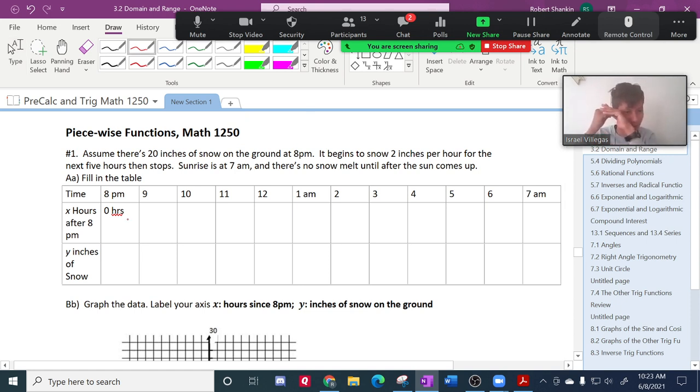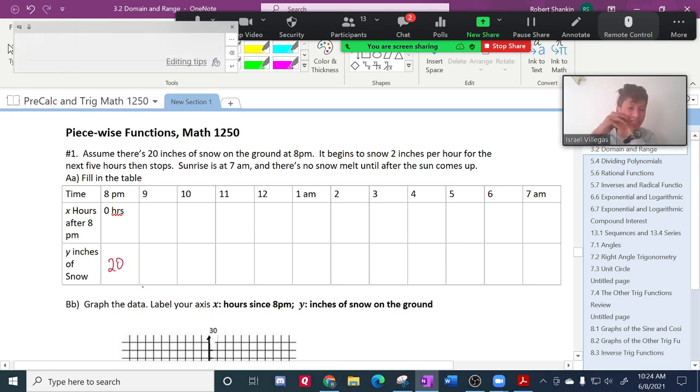So for 8 p.m., the snow started with 20 inches. So it should be 20 inches of snow. And then 9 p.m., 1 hour has passed. And then there's 20, and then for 10, 2 hours passed, and so on. And it goes up by 1 each time.